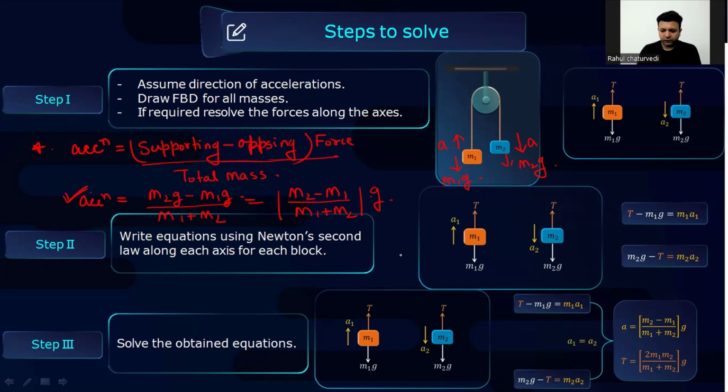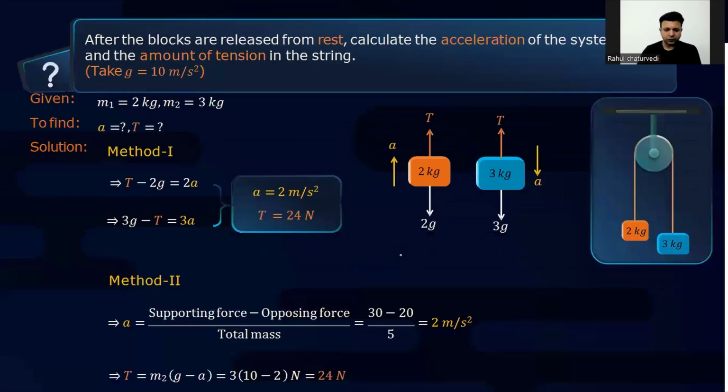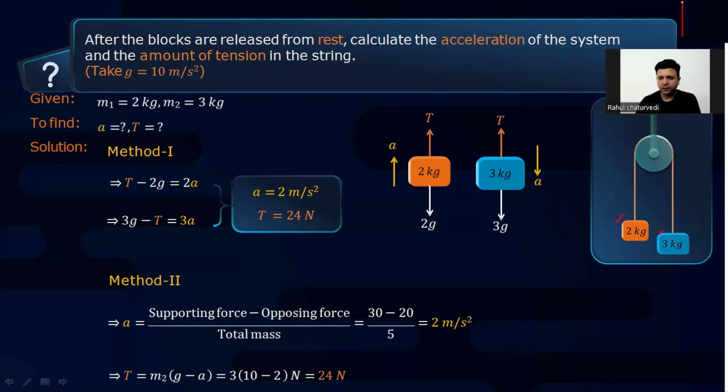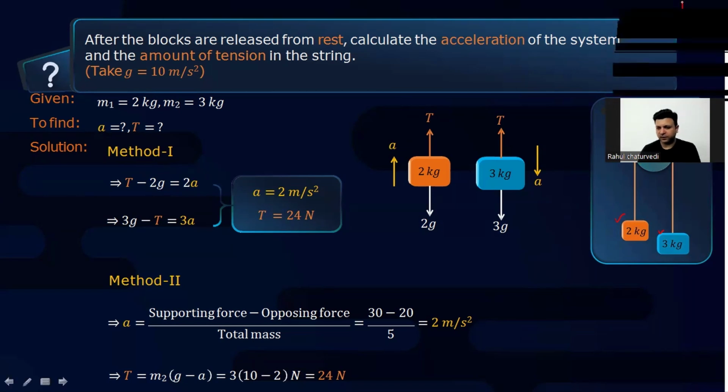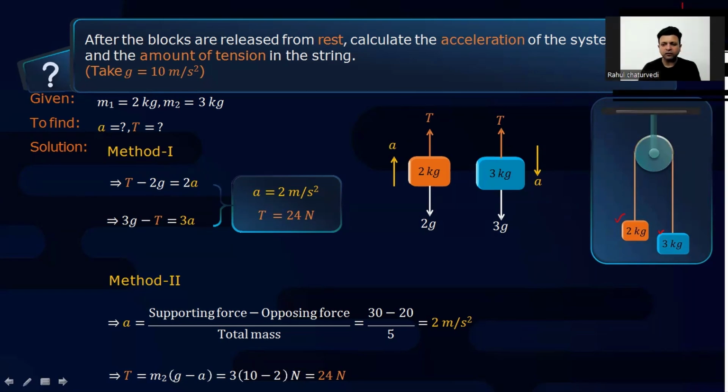Okay, so let's move forward. There is a case that after the blocks are released from rest. So this is a combination having a 2 kg and a 3 kg block. After the blocks are released from rest, calculate the acceleration of the system and the amount of tension in the string.